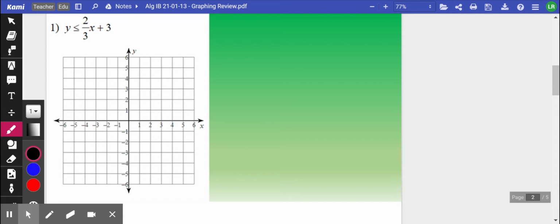And then don't forget to shade because it's an inequality. You can spin your computer around once you have it. Now you have to look at it.